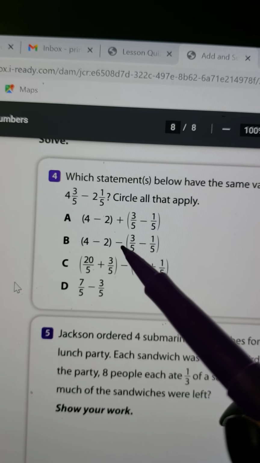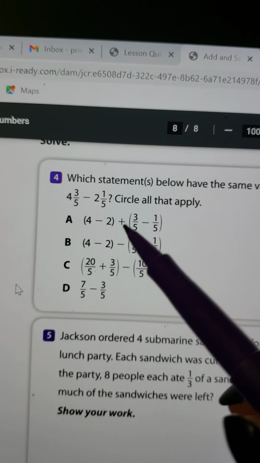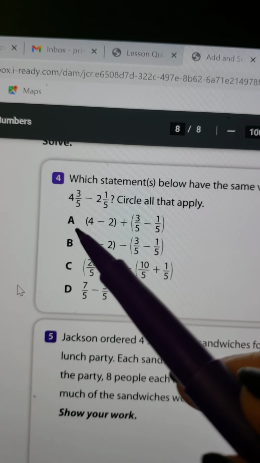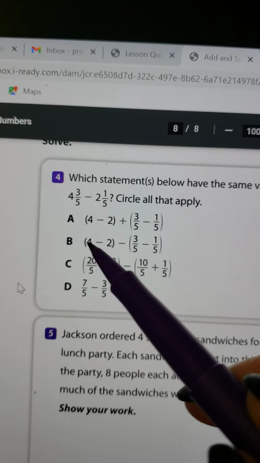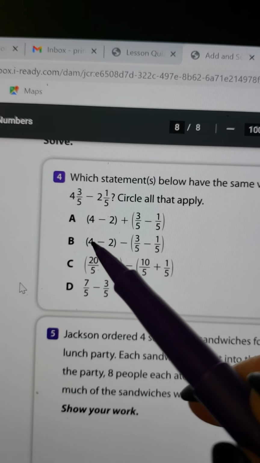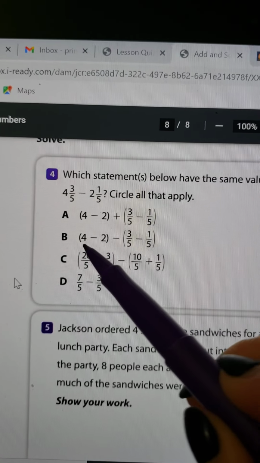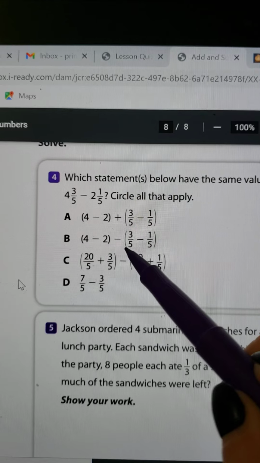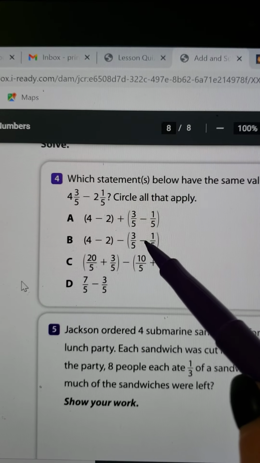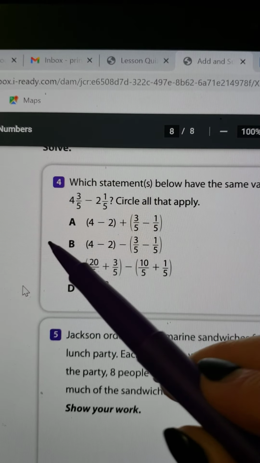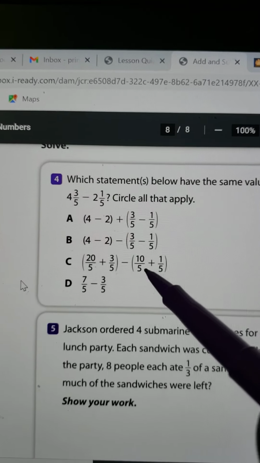If this is doing the very opposite of what this is doing, and this was a correct answer, could this possibly be a correct answer? Hopefully you said no. Because what this would really be is 2, because that's what 4 minus 2 is. 2 minus 2/5. That's not what we want. We want 2 2/5. So letter B, not a right answer.